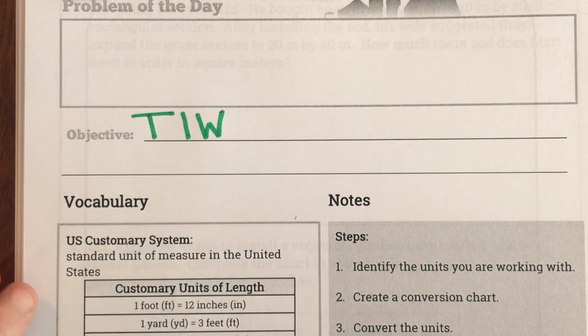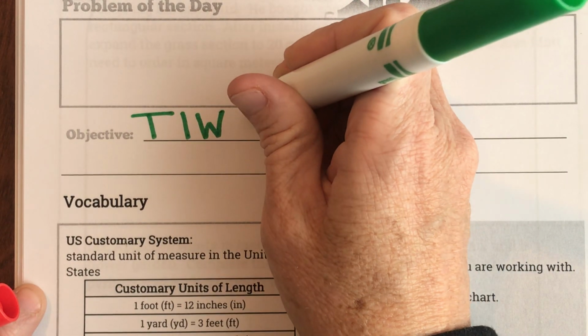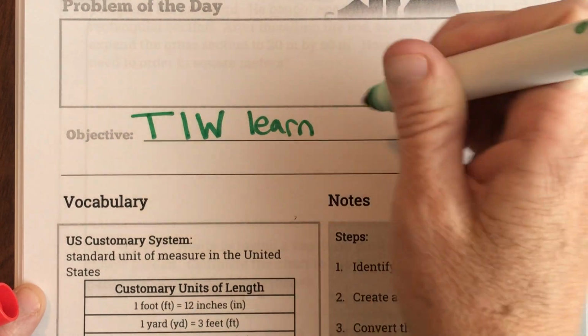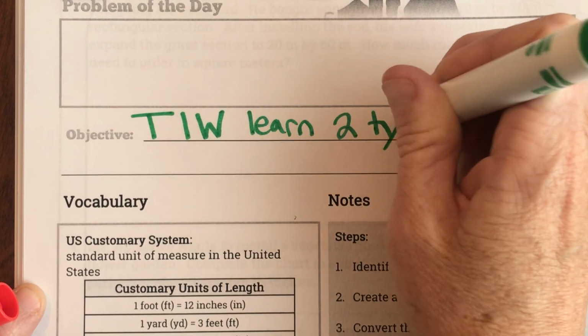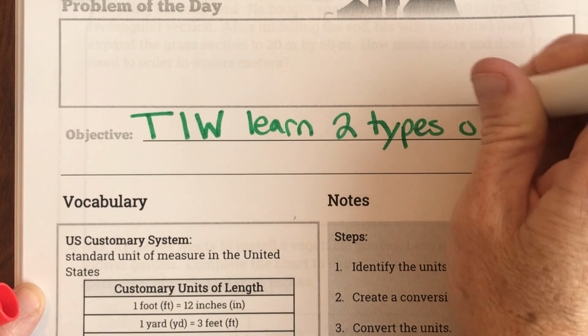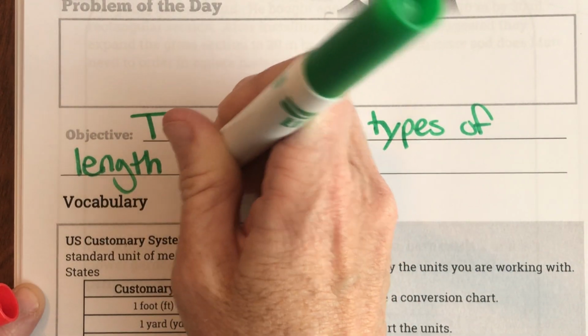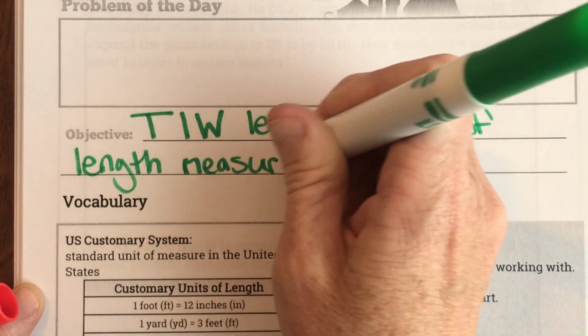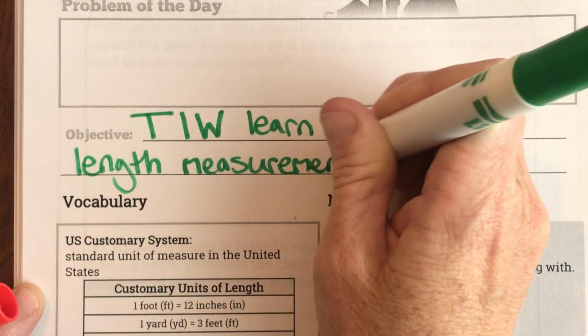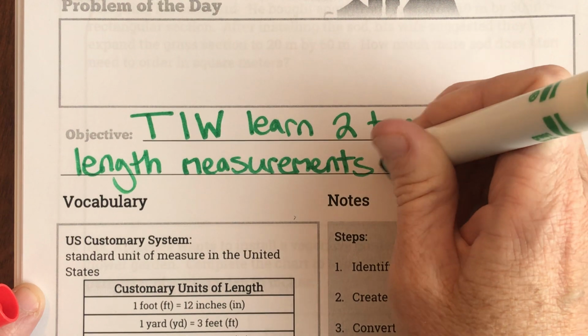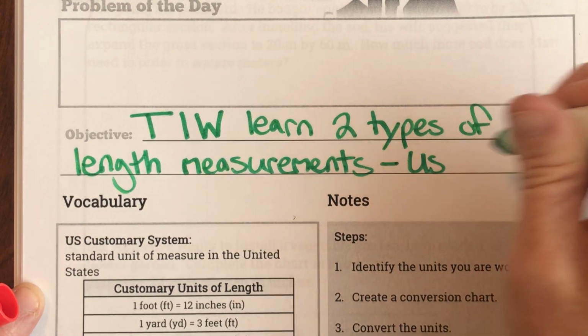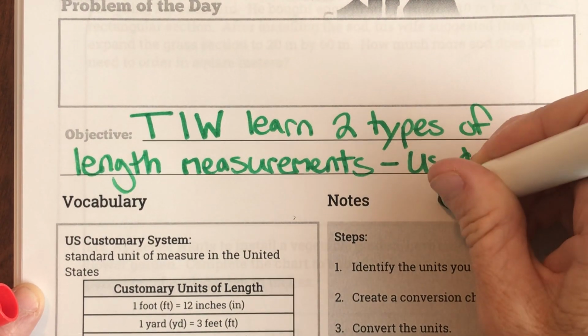So today I will learn two types of length measurements. And our two types are going to be the US and metric.